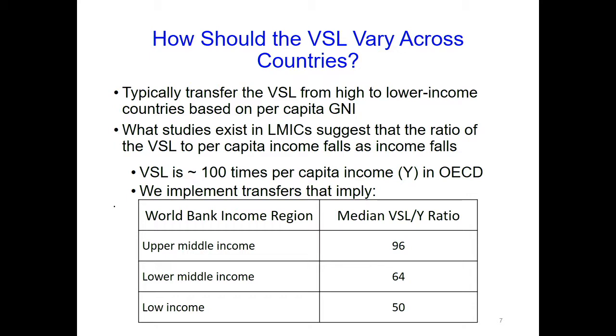We use various elasticity measures to transfer this to lower income countries, and the result, looking across all countries in these three World Bank income groups, is that the median ratio of the VSL to income is 96 to 1 in upper middle income countries, 64 in middle income, and 50 in low income. So as Dean was saying, Dean was taking 67. We're using different values for different categories of countries.